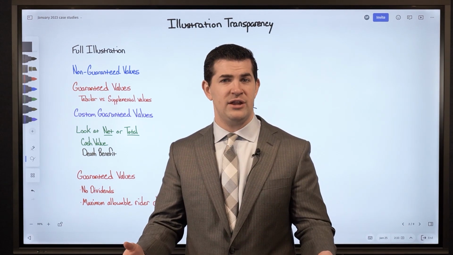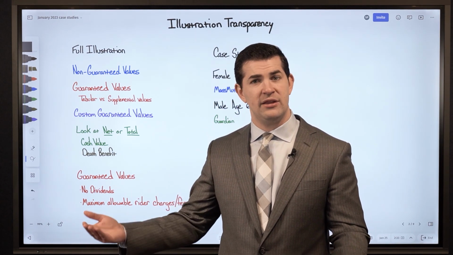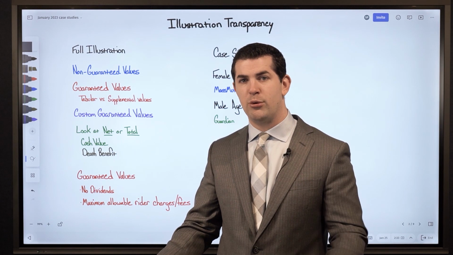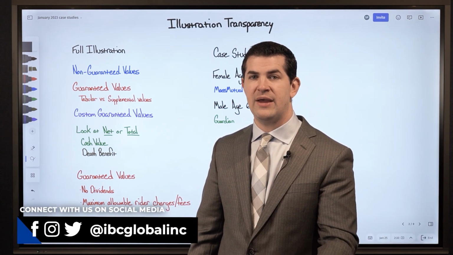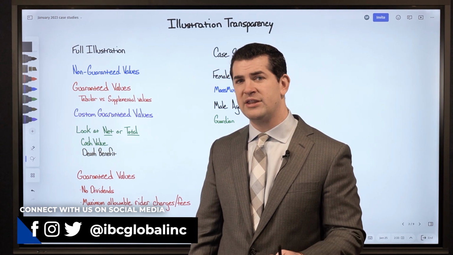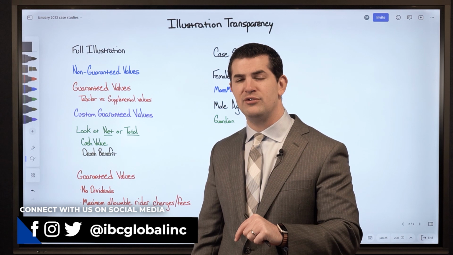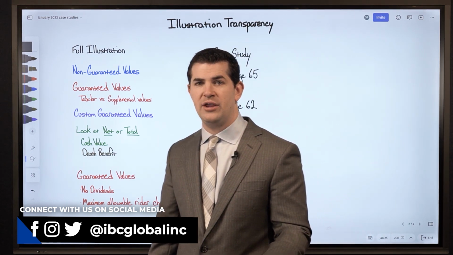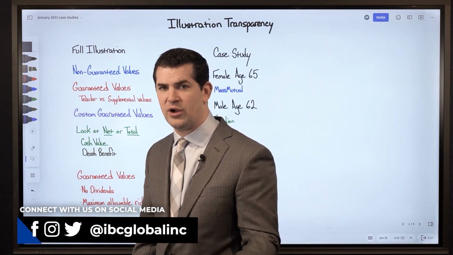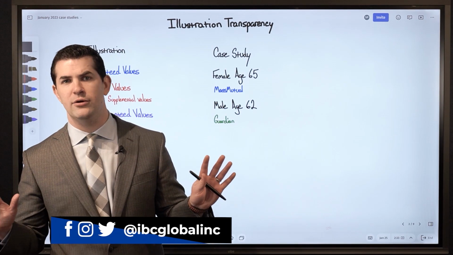So if you're an agent in the industry, you know that there's a high level of compliance that goes into life insurance illustrations. We're always supposed to send a full illustration, and we're supposed to disclose the guaranteed values. But then sometimes you look at the guaranteed values and you say, this does not accurately represent what I want to show. Because you might show a policy based on the non-guarantees, an illustration displaying $10,000 per year, funded for 10 years.